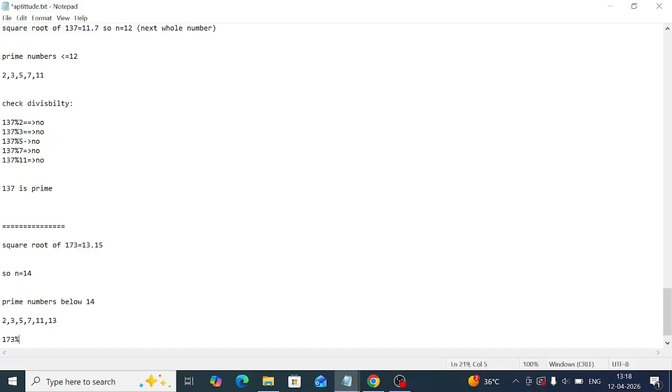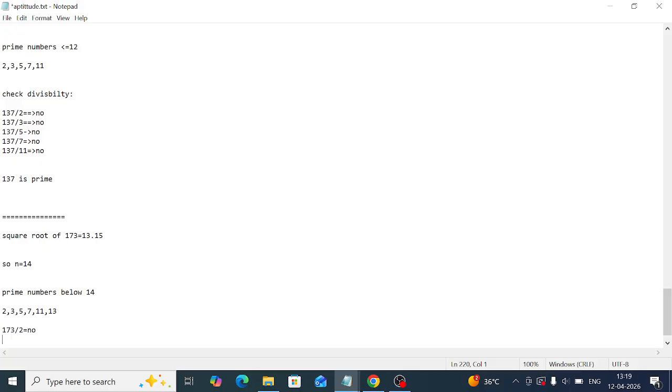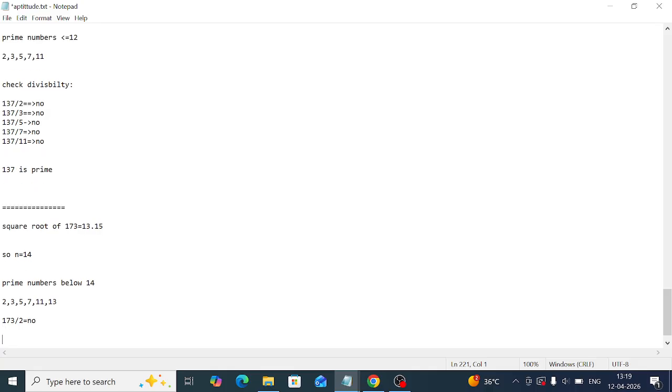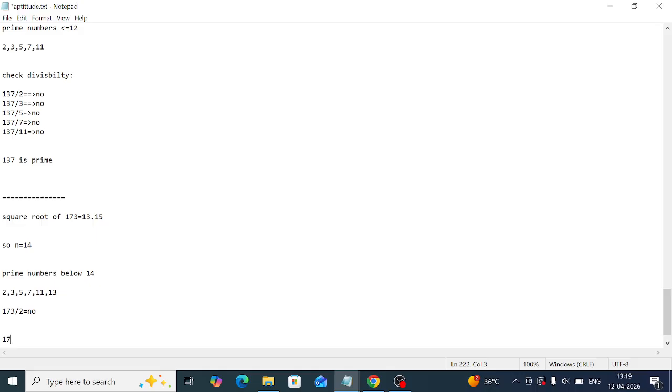Divided by 2, here I have taken the divided by symbol. Here 173 divided by 2, no. 173 divided by 3, no. 173 divided by 5, no. 173 divided by 7, no. 173 divided by 11, no. 173 divided by 13, no. If none of the divisors divide it, then 173 is a prime number.